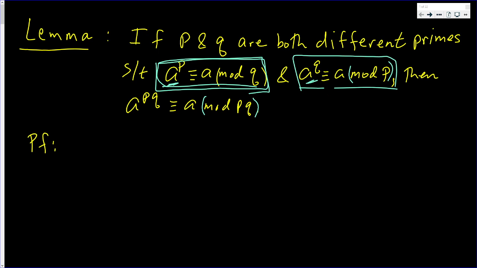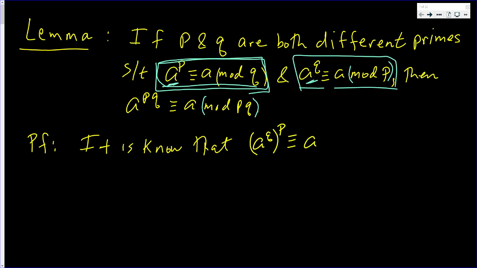Now we know, or it is known, basically a lemma of Fermat's little theorem, that a to the q raised to the p is congruent to a to the q mod p.